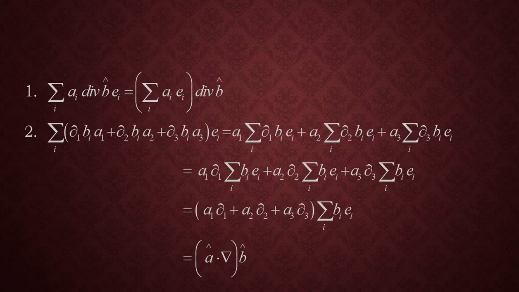So this becomes (A cap dot del) times B cap. Hence our second step is summation sigma over i of (A1 ∂1 Bi + A2 ∂2 Bi + A3 ∂3 Bi) times Ei is equal to (A cap dot del) times B cap.